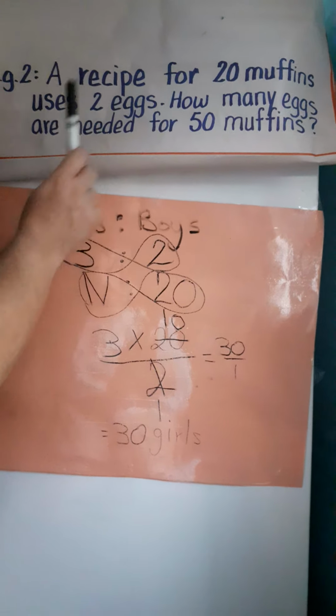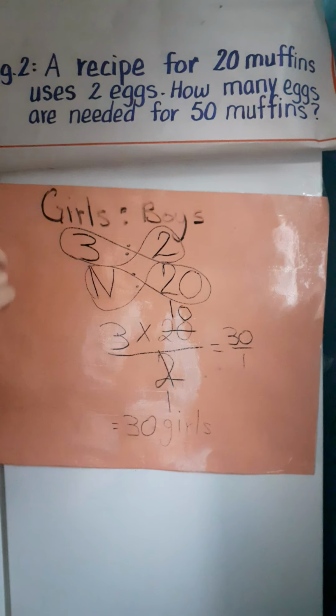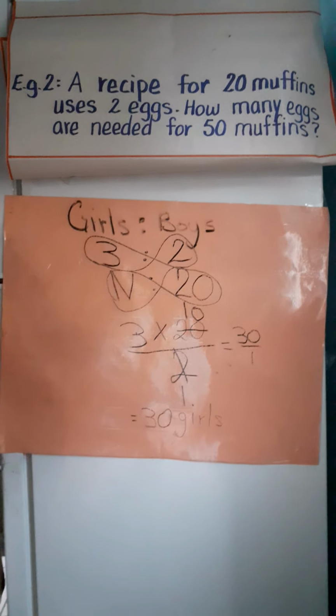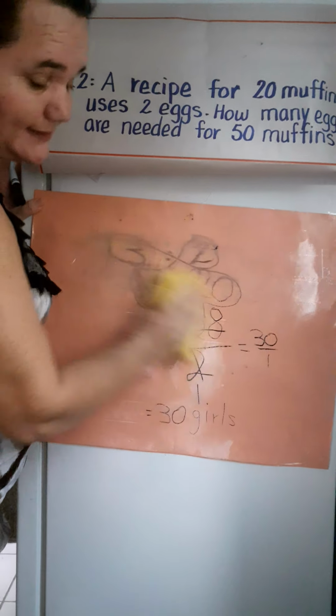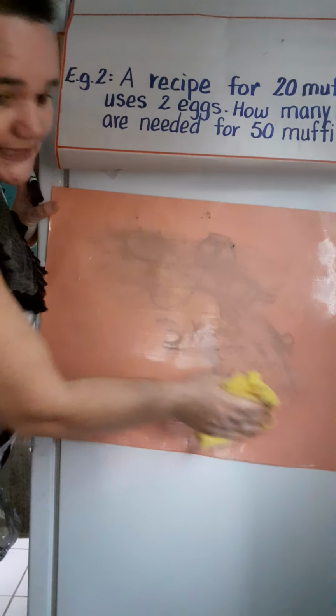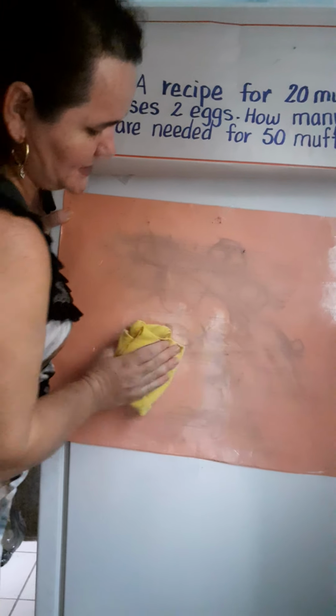How many eggs are needed for 50 muffins? Now, do you think you can do it? Alright, well, you can try and see if you get the same answer as me.